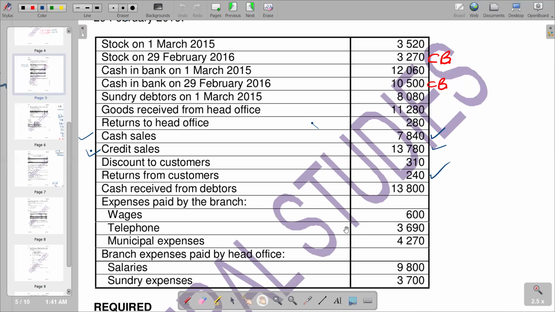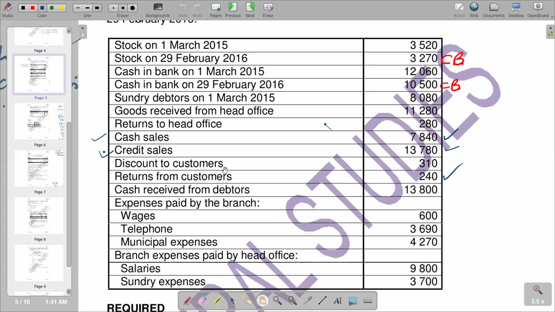Since we are paying, obviously it's payment that is going to be made using our cash. So we are going to credit the branch bank account with the amount of the expenses, and then we debit the expense account.